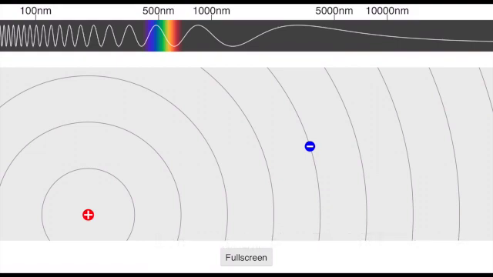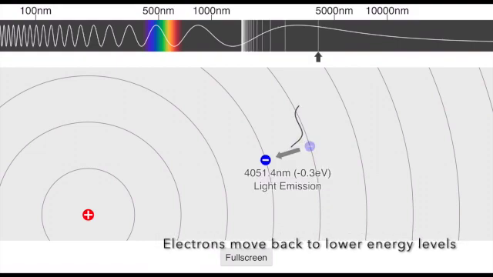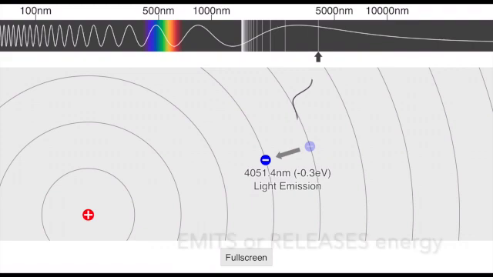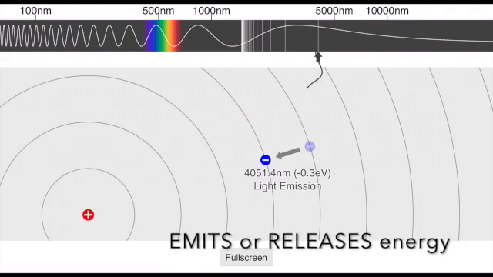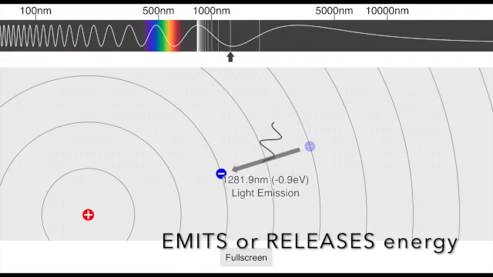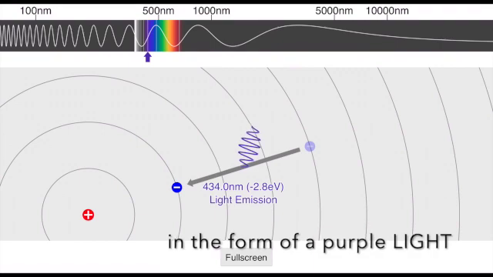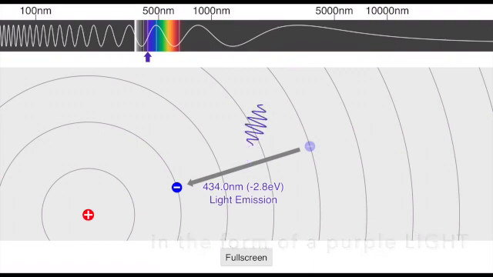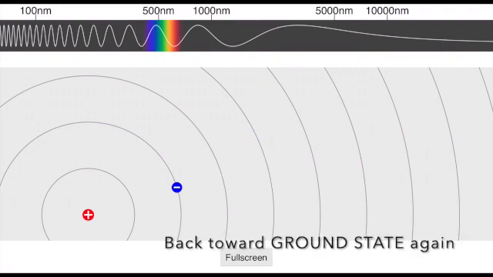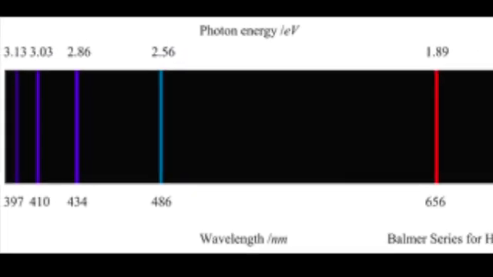And if it fell back down 1 level, it would release an invisible wave that's much longer than the visible spectrum. 2 levels, again, a little bit shorter wavelength, but still outside of the visible range. And 3 levels, there we see that purple one that it had absorbed. And that's why we see a purple line on hydrogen's emission spectrum.